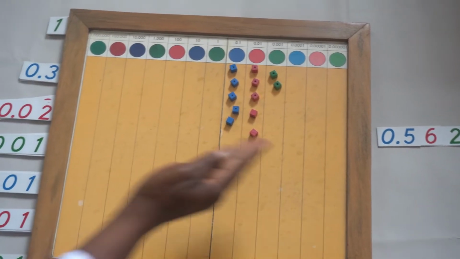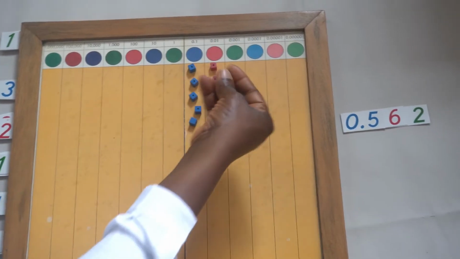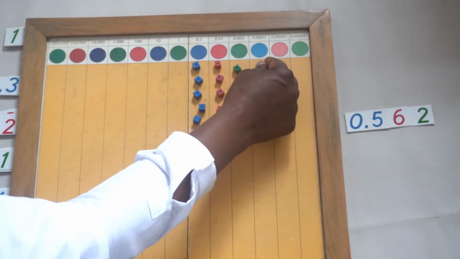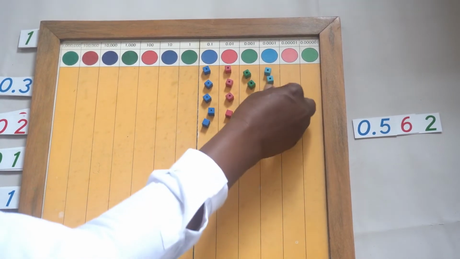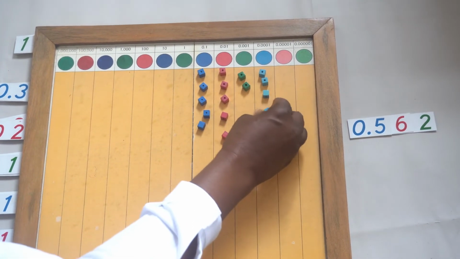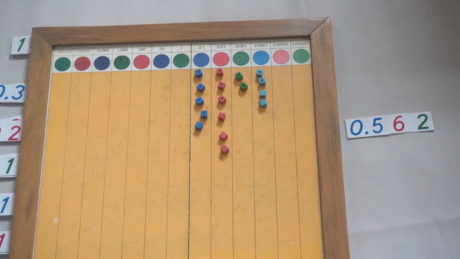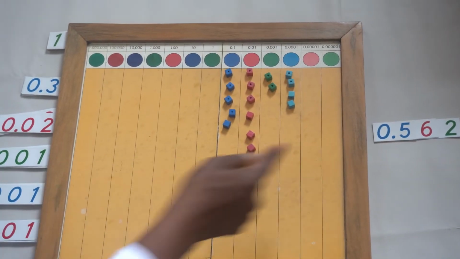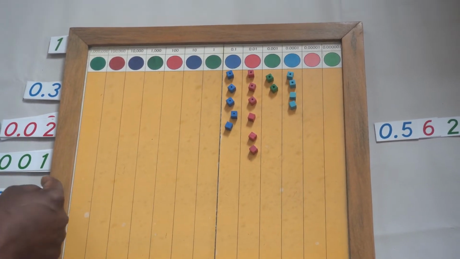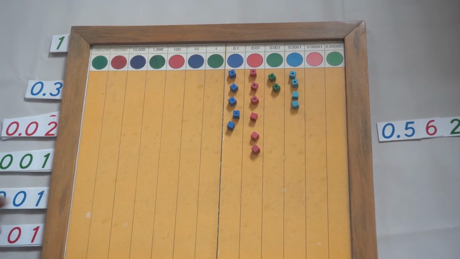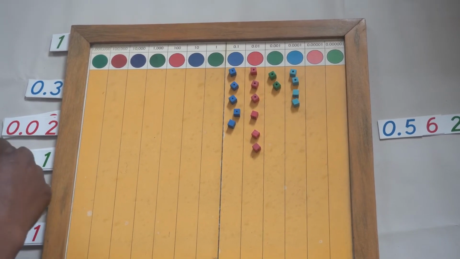Suppose I decide to add more quantities here. Suppose I add quantities in the ten thousandths category: 1 ten thousandth, 2 ten thousandths, 3 ten thousandths, 4 ten thousandths. So now I have 4 ten thousandths. Let's go to the ten thousandths category and look for 4 ten thousandths.